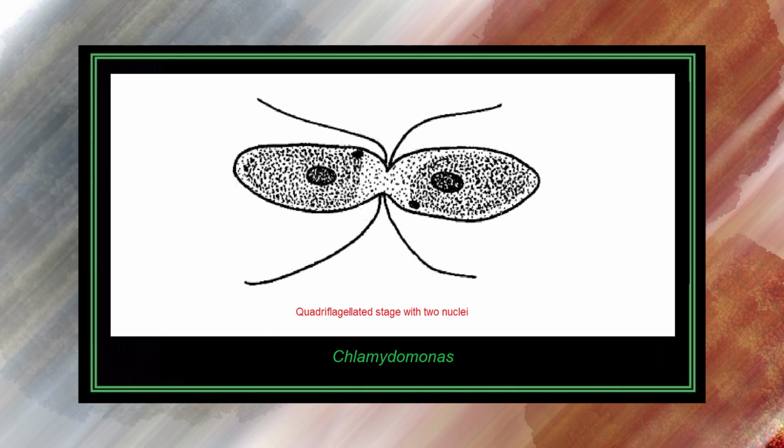The fusion product is quadriflagellate initially and a binucleated structure with two pyrenoids and two eye spots. The quadriflagellate zygote remains motile for several hours to a few days.